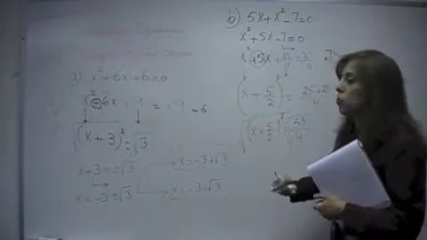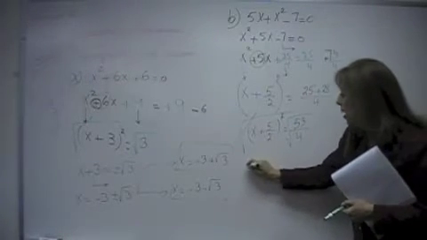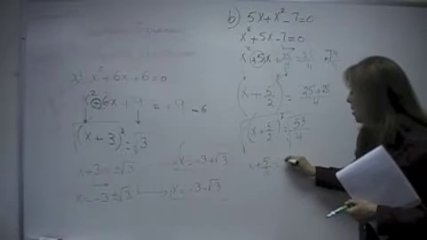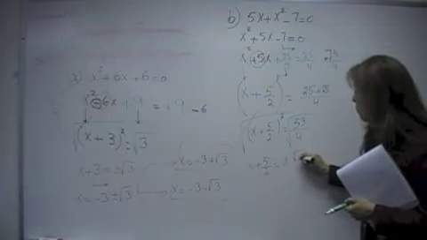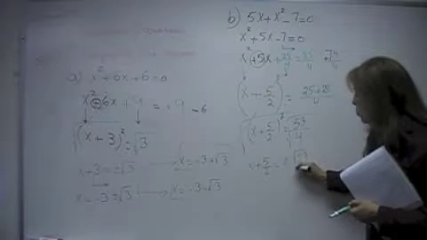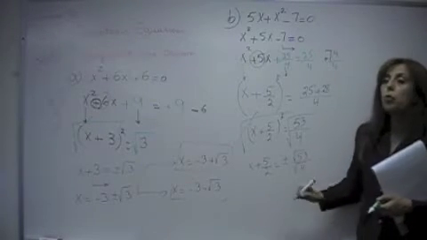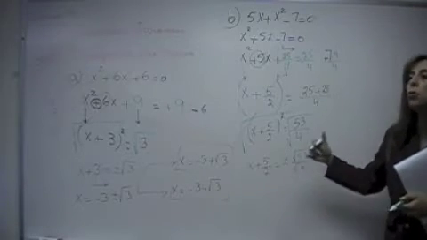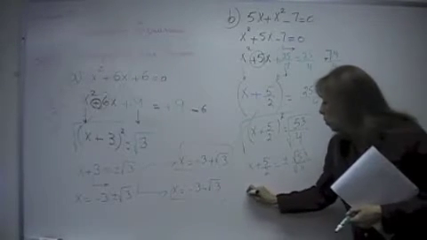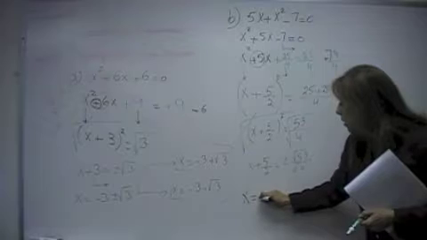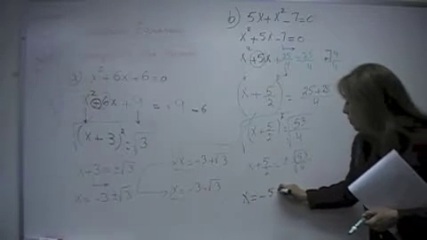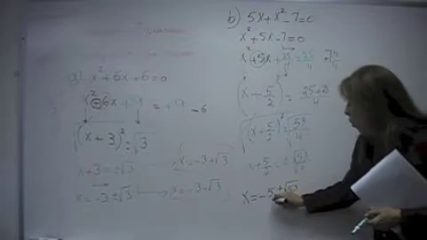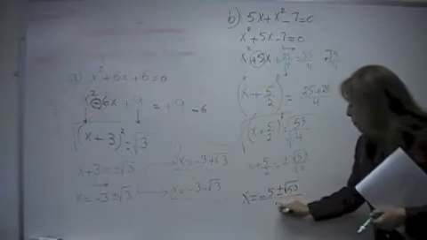The square and the square root are gone. So I have x plus 5 over 2 equals positive negative square root of 53 over square root of 4. Square root of 4 is 2, and I'm going to move that 5 over 2 to the other side. So my answer will be x equals negative 5 positive negative square root of 53, all over 2.